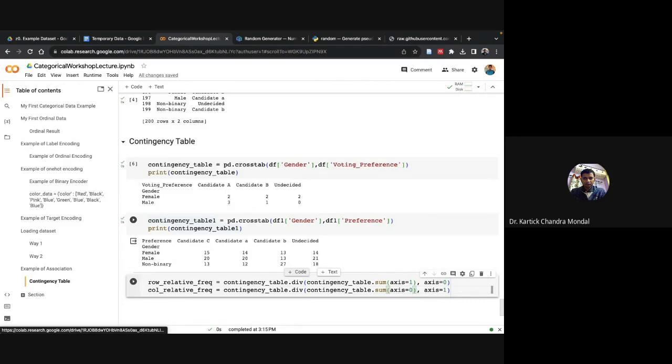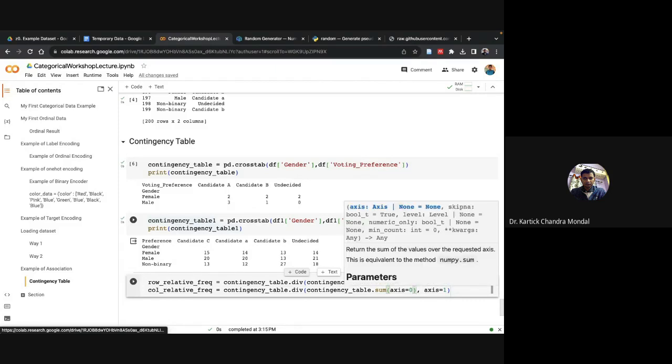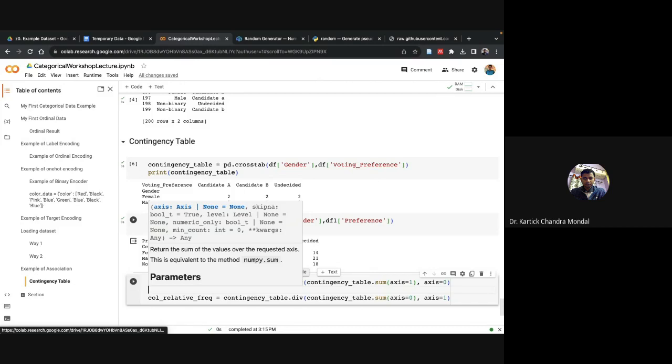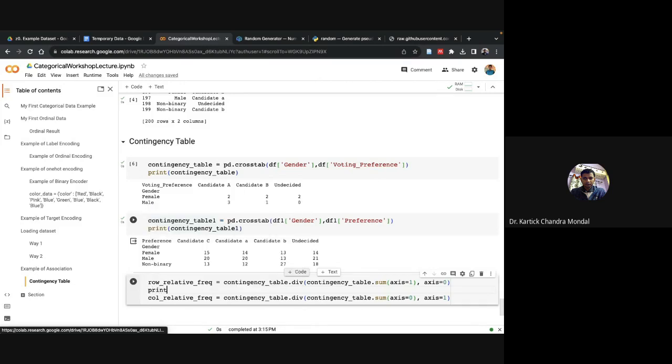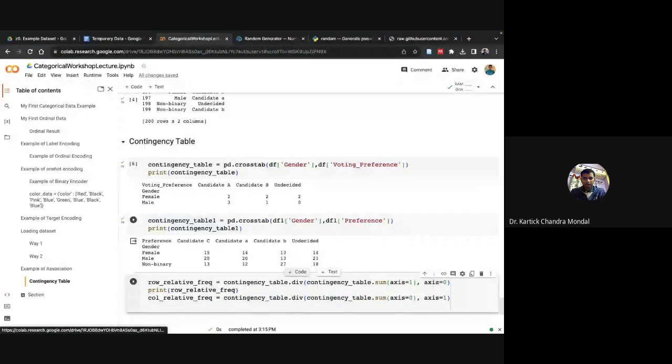Okay, so print row relative frequency table and print column relative frequency table.